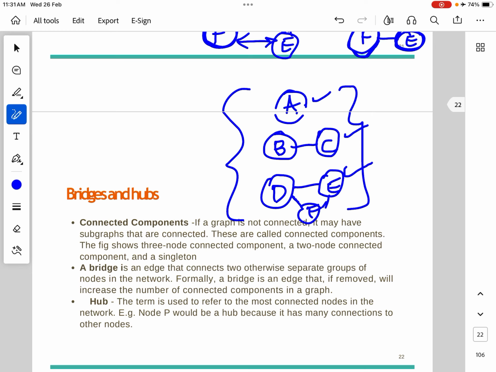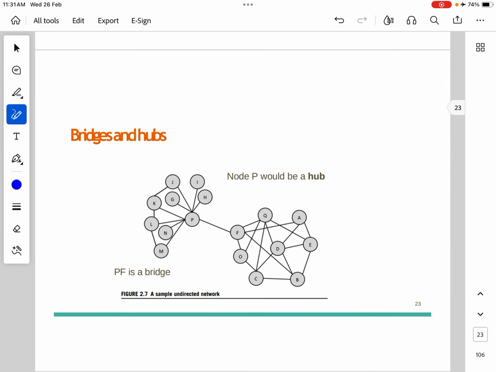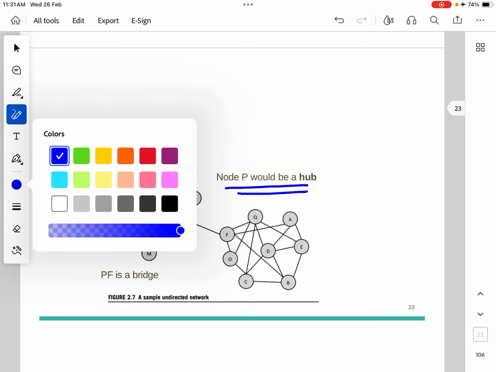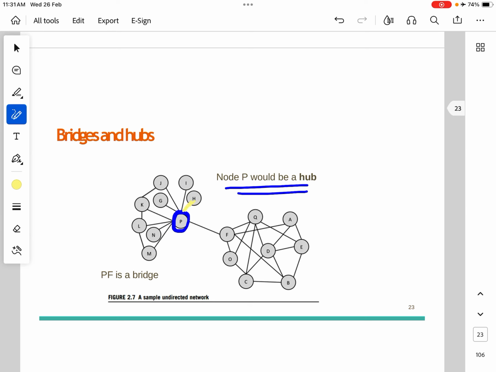Hub: the term is used to refer to the most connected nodes in the network. For example, node P would be a hub because it has many connections to other nodes. Why is node P a hub? Because it has the maximum number of connections. How many? Let's count: 1, 2, 3, 4, 5, 6, 7, 8, 9.